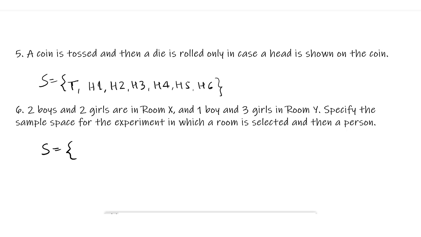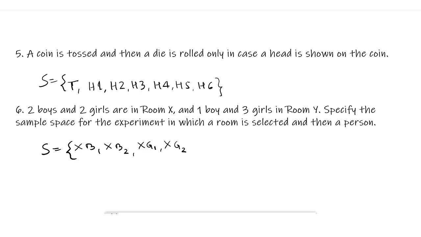So if we go in room X and can select any of these 4, then room X, boy 1, room X, boy 2, room X, girl 1, room X, girl 2.